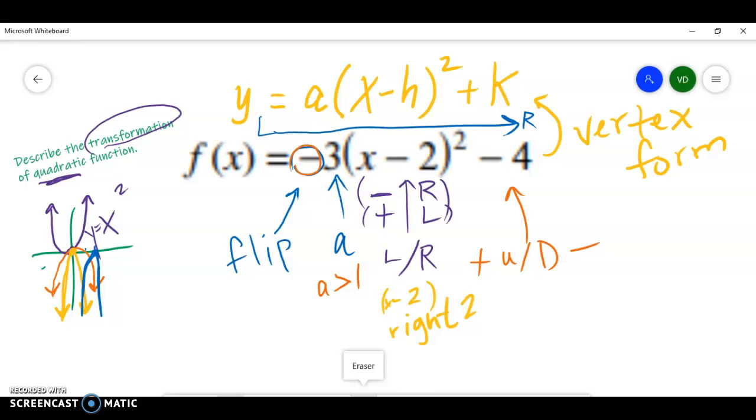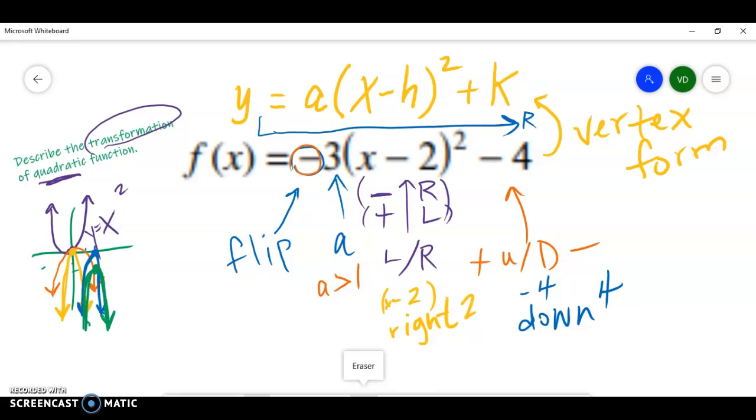It's tall and skinny, flipped down, but notice how it shifted 2 times to the right. My last step is to move it down, because it's -4. That means down 4 times. So my final location of my vertex will be down from here, and that is my final spot.